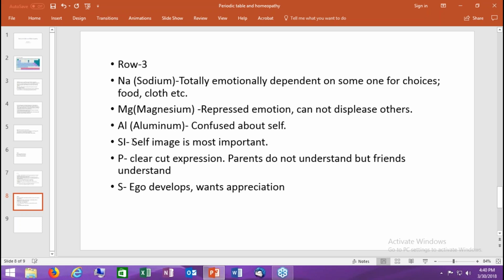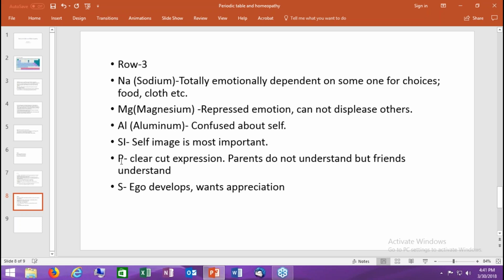I should do it well so that my image remains protected. I should wear the dress like this so that my image comes good. The others will appreciate my dress. I should talk in this way so that the others will recognize me. So self recognition or self image management is very important in silica.